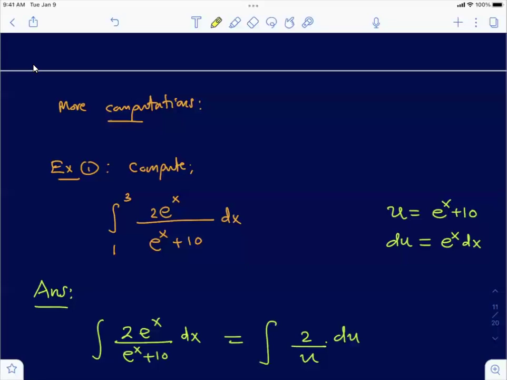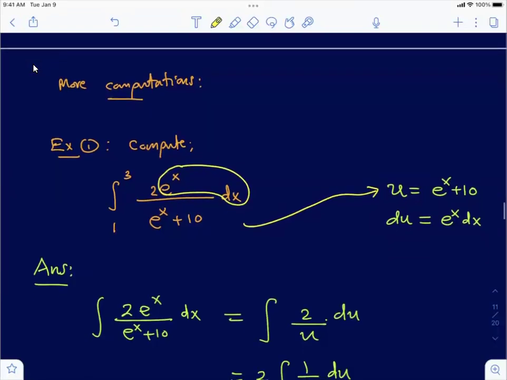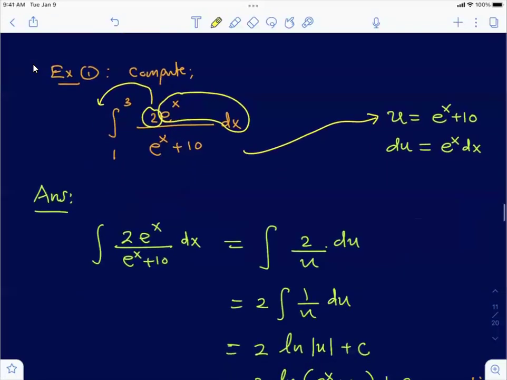But if you employ just this denominator as a u-sub, you end up getting the derivative e^x dx, right? So this component becomes just du, and 2 is an innocent constant that you can bring out, and that's exactly what happens here.